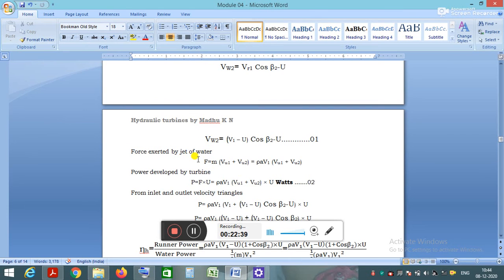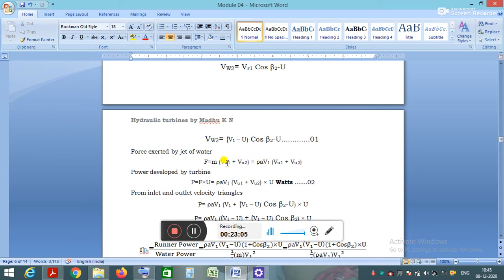Force exerted by the jet of water. From Euler's turbine equation, it can be given by F equals m into (Vw1 plus Vw2). But what is mass? Mass of the water striking the turbine blades can be given by the equation rho a V from the continuity equation.